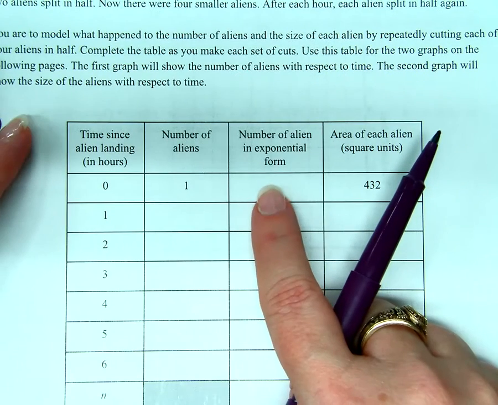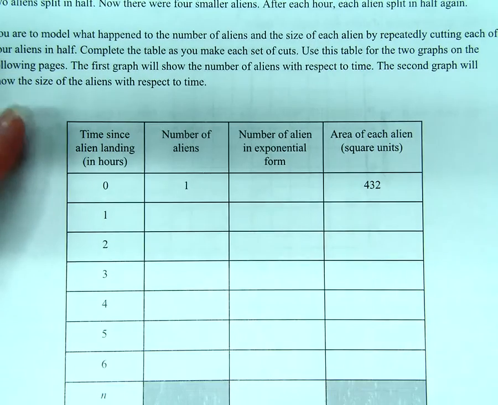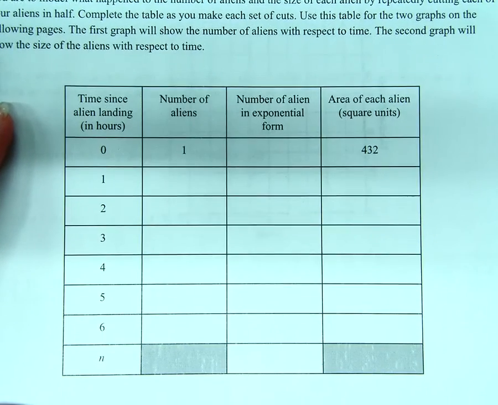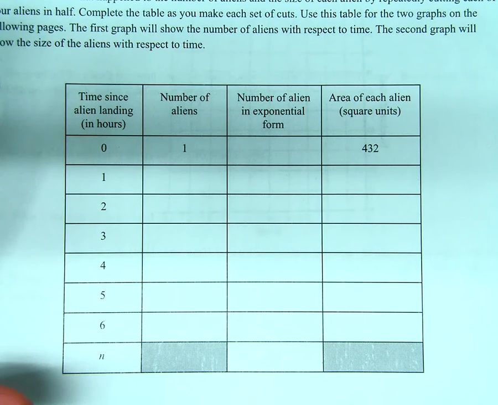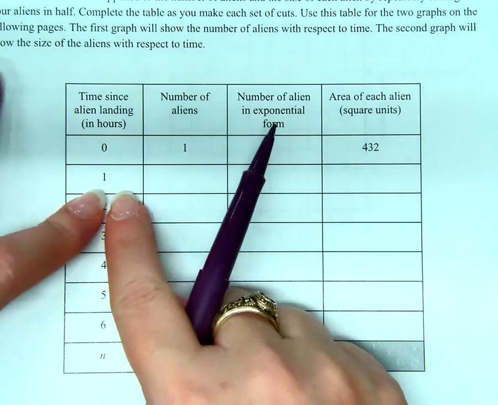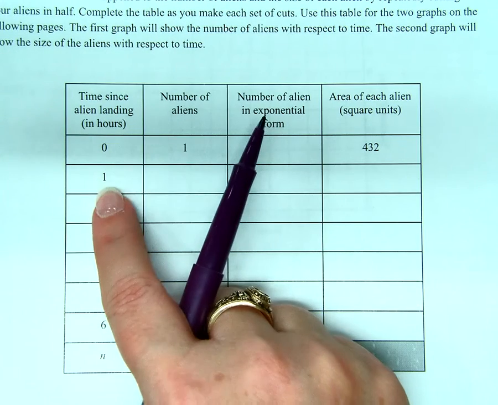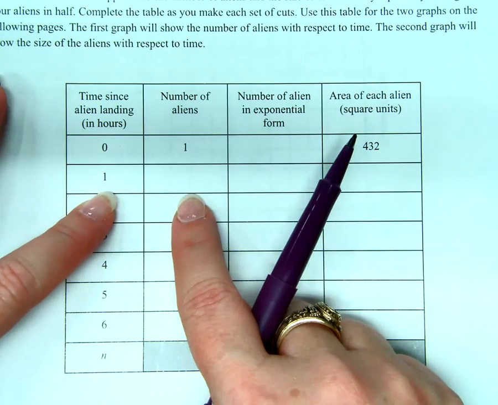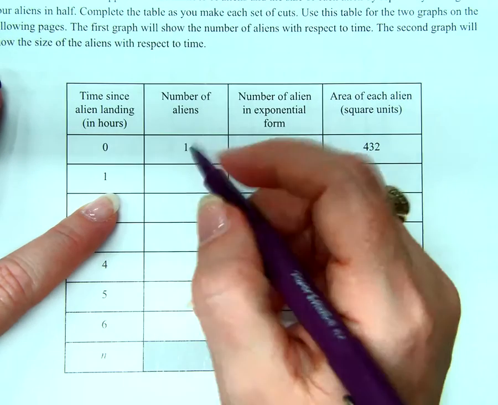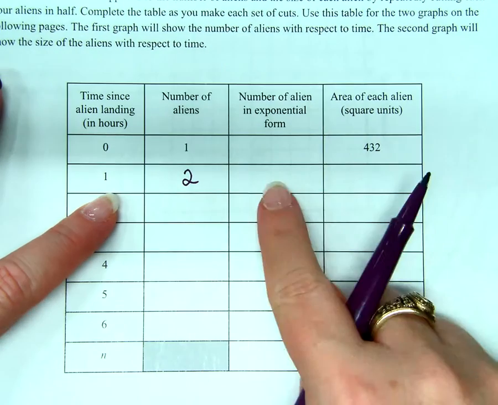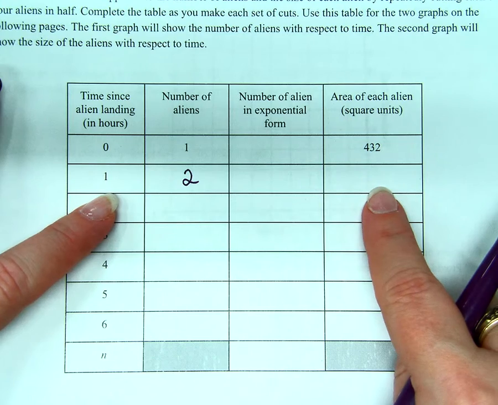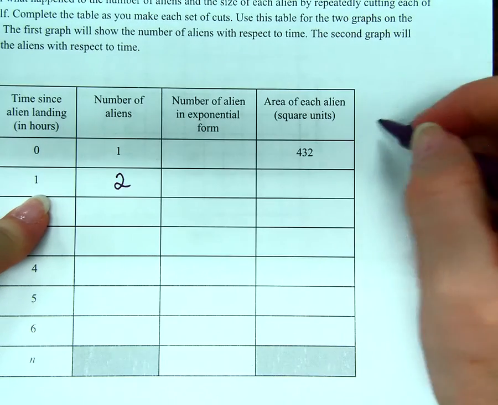How do we write this number of aliens in exponential form? You want to come back to that one? Okay. 1 hour since the alien landed. How many aliens are there? 2. We're going to come back to this one. What's the area of each alien?